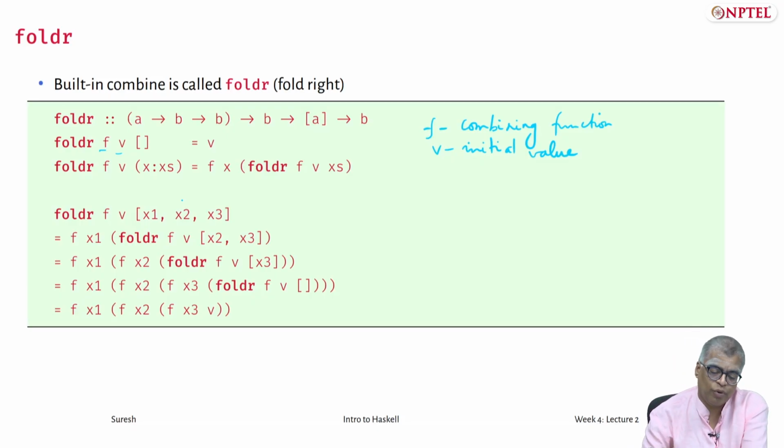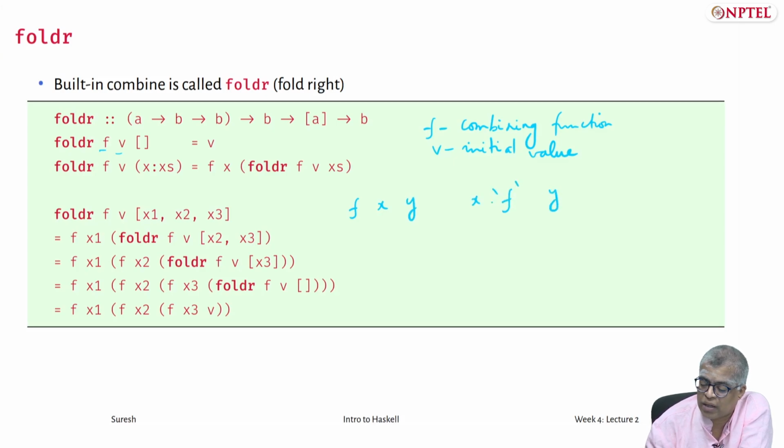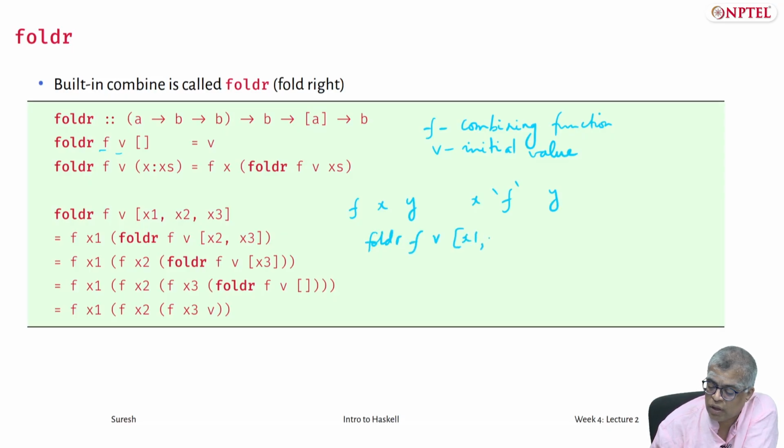To give you an example, this is easier if you think of f, instead of writing it as f x y, as x backtick f backtick y, which looks like applying an operator. Then one can trace a computation as follows: foldr f v [x1, x2, x3] is nothing but x1 f (foldr f v [x2, x3]).